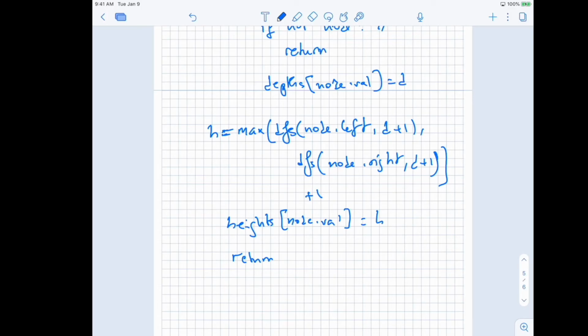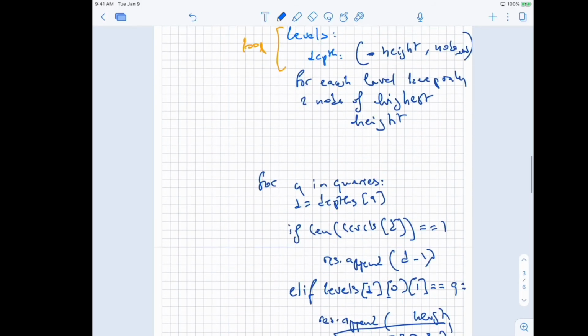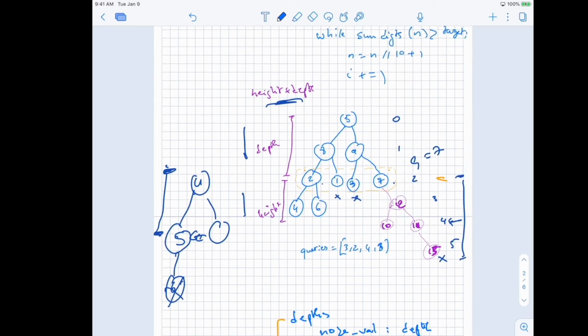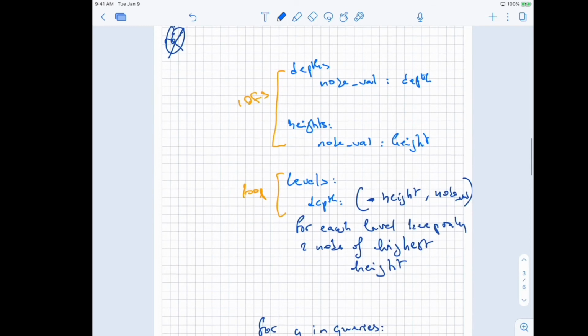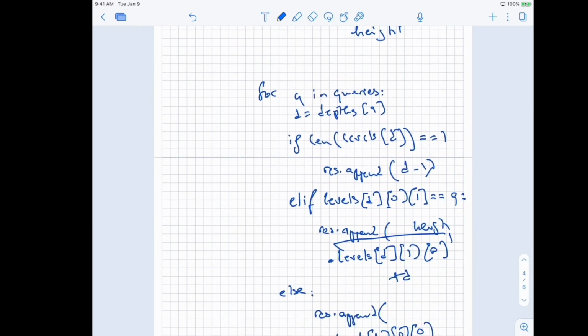So we want to return the height to the parent. Okay, so basically you can think of it in the tree here as each child goes down and tells 8, for example, calculate the height for your subtree, and so it will return 2, and then 5, it just adds its 1 for this edge and assign it to itself. Okay, depth is straightforward because we just pass it and we assign it.